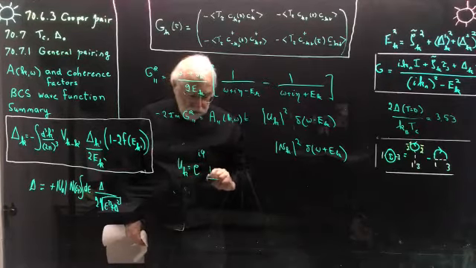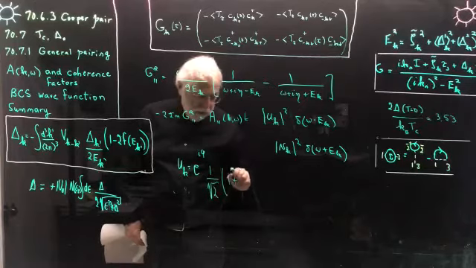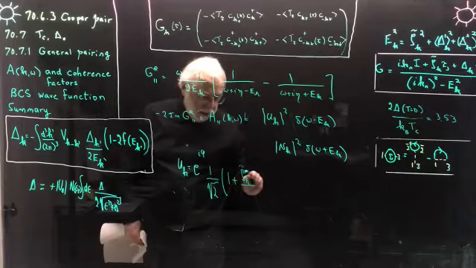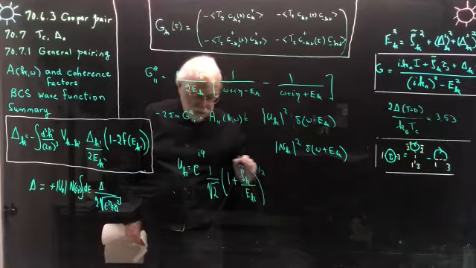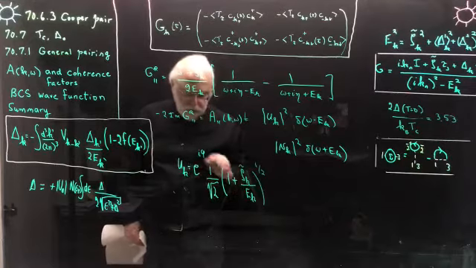And then we have 1 over square root of 2 times 1 plus zeta tilde k over Ek, to the 1/2. And for v, it's the same thing with the minus.